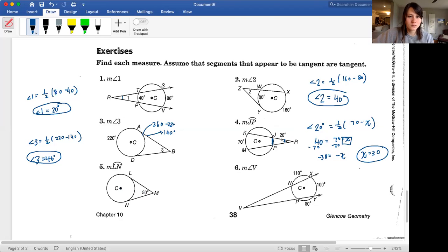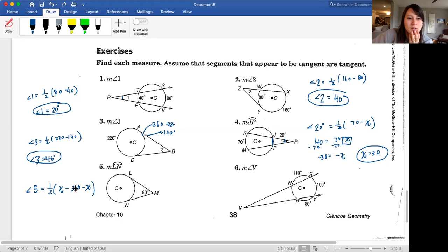Okay. Number 5. Tricky here. We don't have any of the arc angles. So let me just fill out my template. Angle 5 equals 1/2 times, okay, so I have X minus 360 minus X. Okay, this little angle is X. Let's give it a variable.